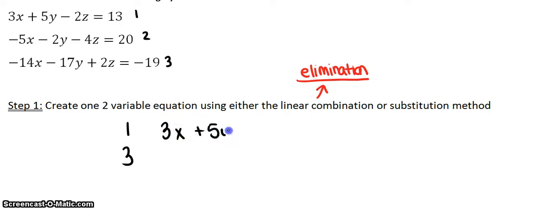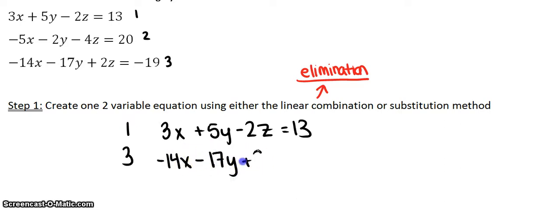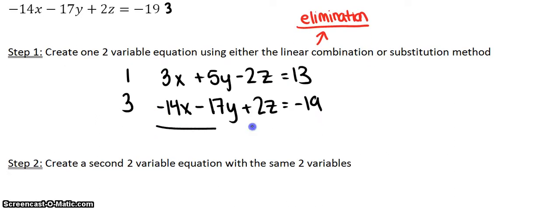So I have 3x plus 5y minus 2z equals 13, and I'm going to linearly combine or eliminate with 14x, minus 17y plus 2z equals negative 19. If I add those together, I don't have to do any work because those will already cancel.